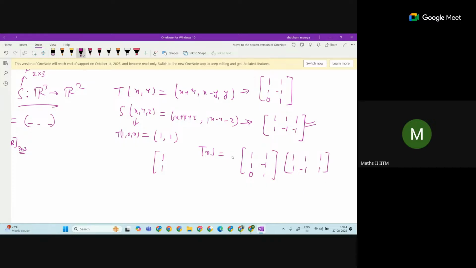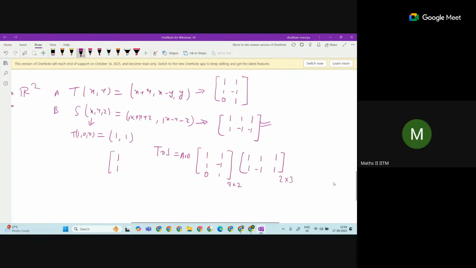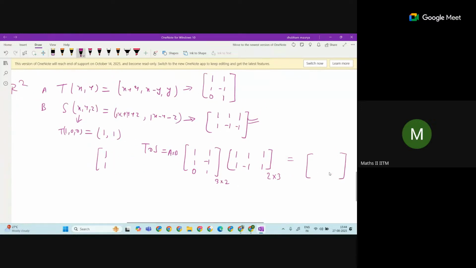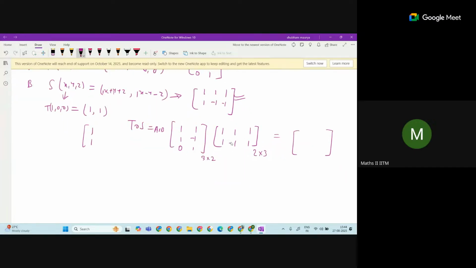So T of S is going to be, this is A, this is B, so here is A cross B. This is 3 cross 2, and this is 2 cross 3. Multiplying, you get 3 rows and 3 columns, a 3 cross 3 matrix.